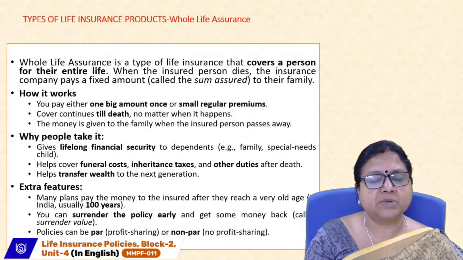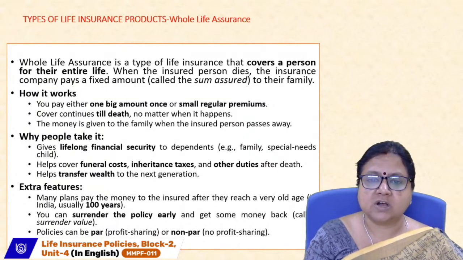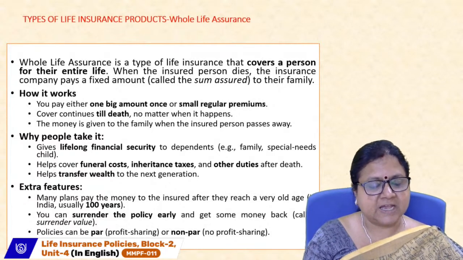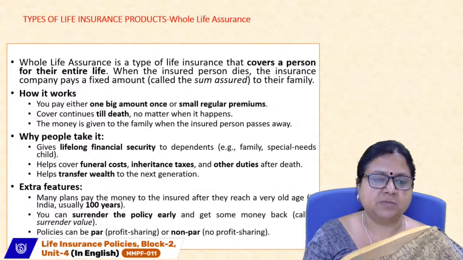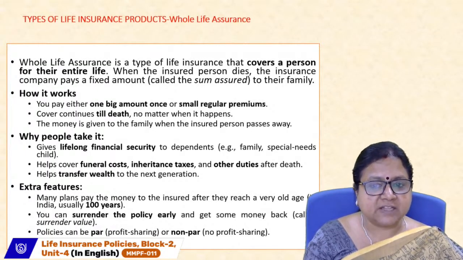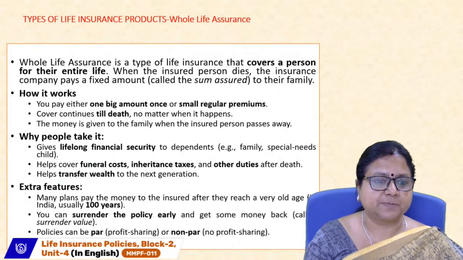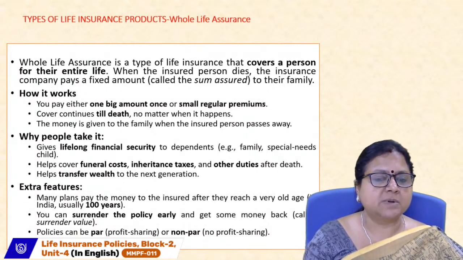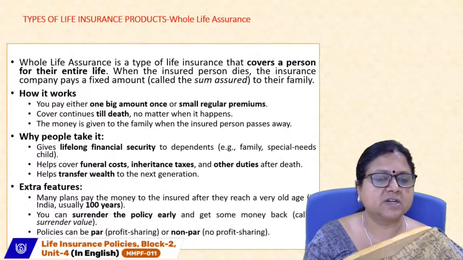As I said, it can happen at any age of your life, so it covers till the death. Till the person dies, the person has to pay a premium, and the money is given to the family when the insured person passes away. So this gives lifelong financial security to the dependents. Dependents are the family members, the children, the wife, everyone is a dependent.